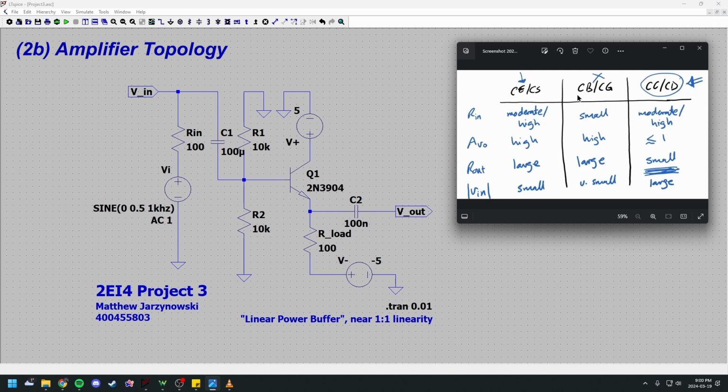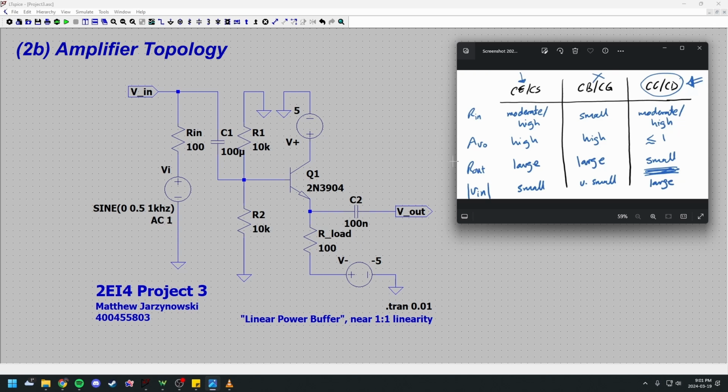Referring to this summary chart provided by Dr. Hadara in the Project 3 design guide, we can see that the common collector topology has a gain that is less than or equal to 1, satisfying one of our design requirements. We can also argue that to achieve this small gain, we will need a moderate or high input resistance, another trait of the common collector.